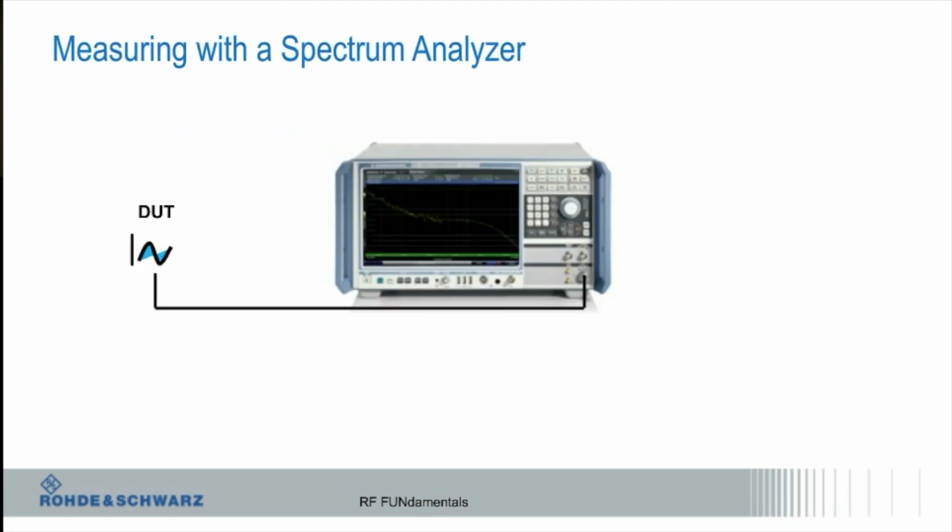If you were to do this with a spectrum analyzer and a phase noise analyzer, in terms of making the measurement, it's really more or less the same, unless you want to do something fancy. You basically connect the DUT to the spectrum analyzer, and if you looked at a normal spectrum measurement, you would see just the spike.